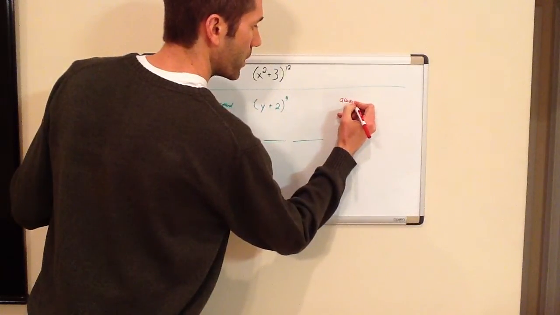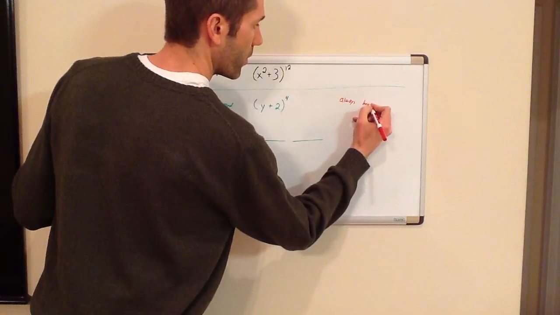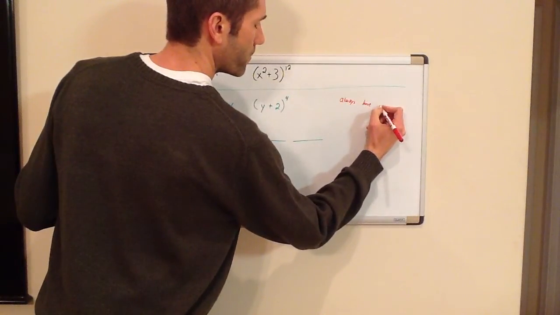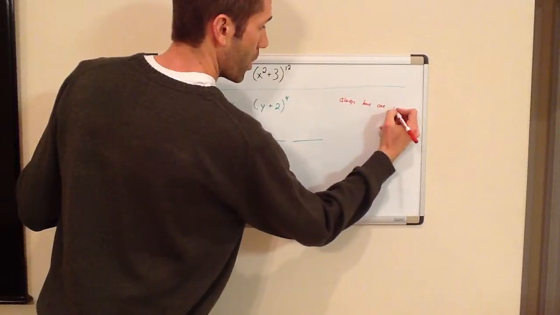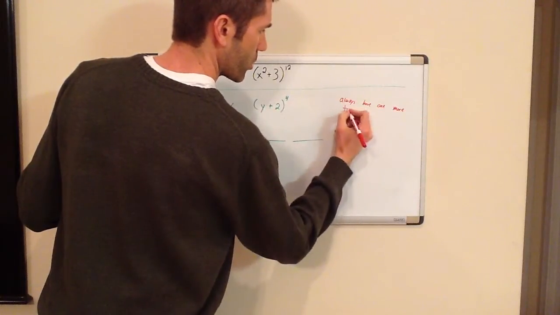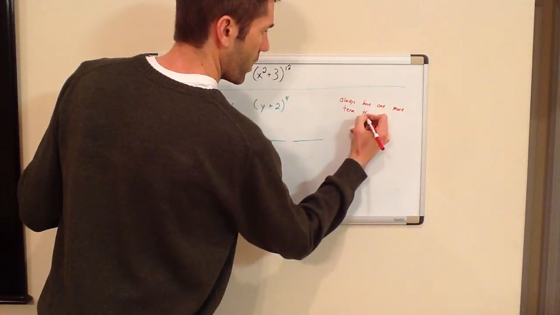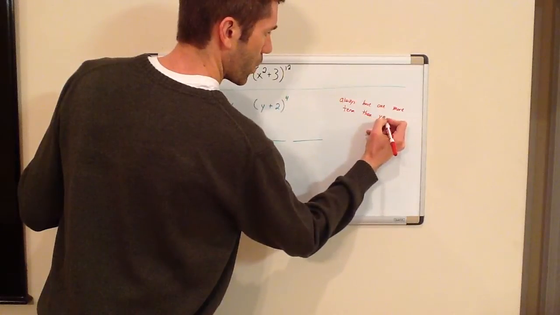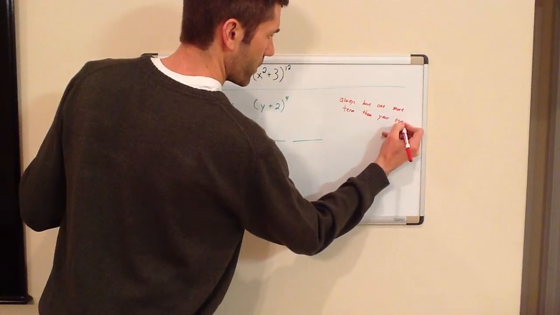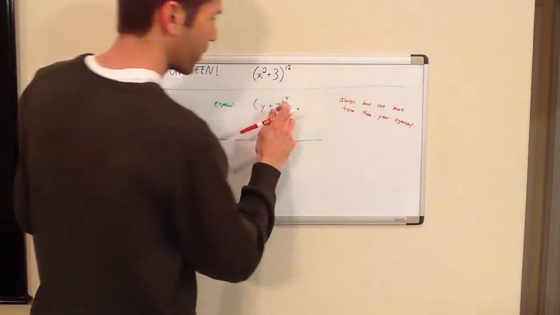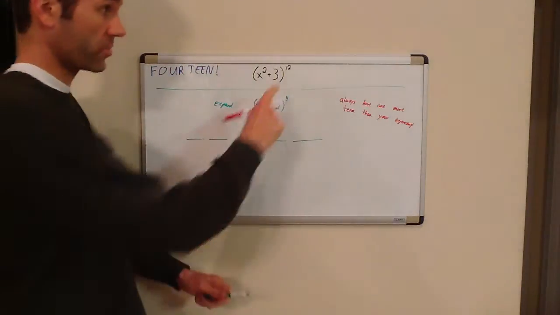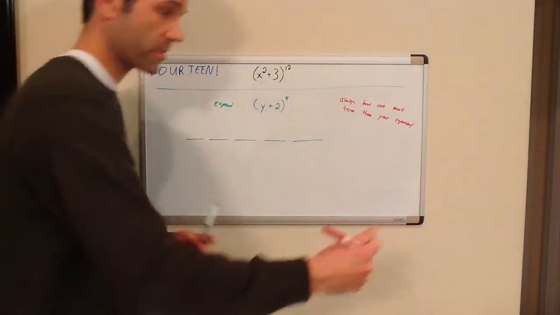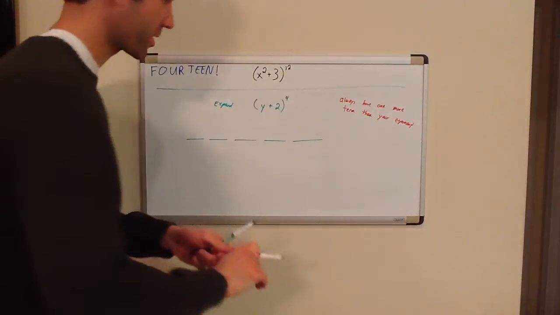Always have one more term than your exponent. My exponent is 4, I'm going to have 5 terms. My exponent is 12, I'm going to have 13 terms. We're not going to do them all, but I'm going to have 13 terms.